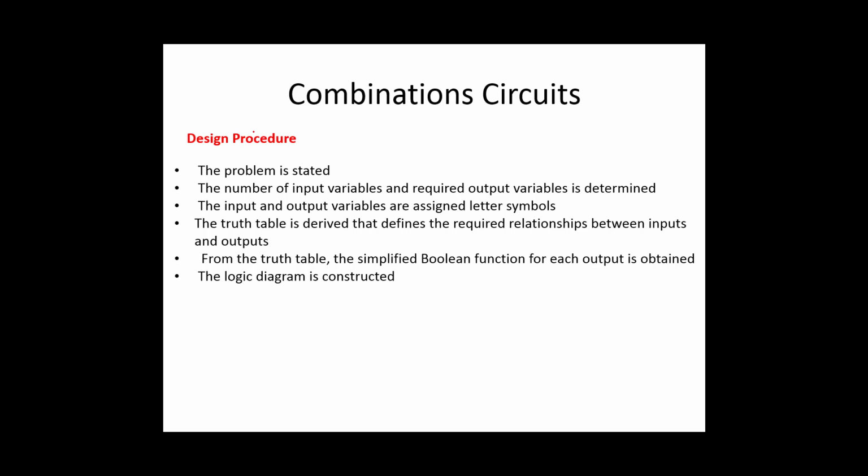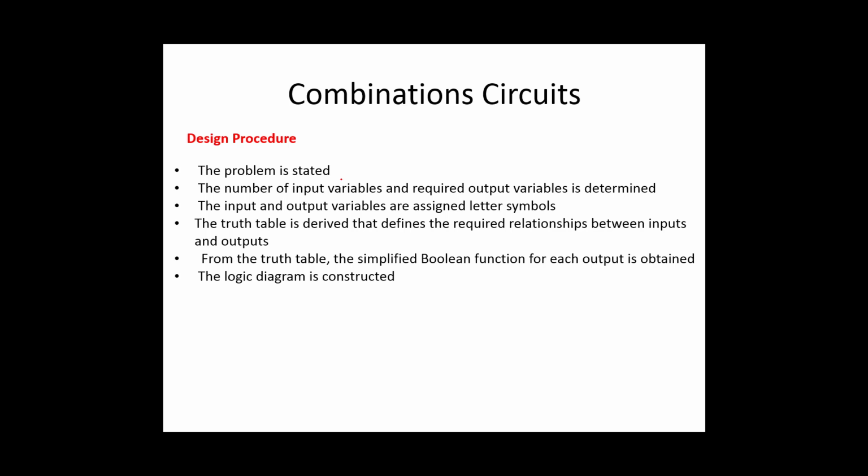How to design combinational circuits? The design procedure starts with the description of the problem. The problem is stated. In the next step, the number of input variables and required output variables is determined.